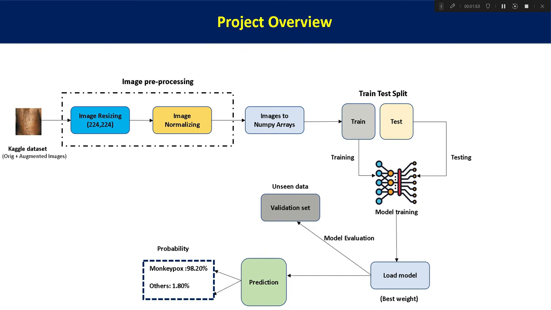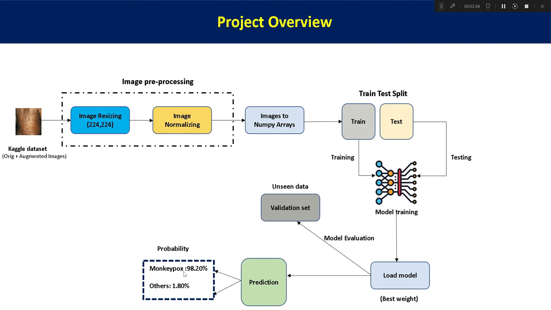The output of the model will be in the form of probability, because we'll be using the softmax activation function here. And you know that softmax is generally used for multi-class scenarios, where the probabilities sum to one across all the classes. So you will be getting the probability in terms of 0 to 1.